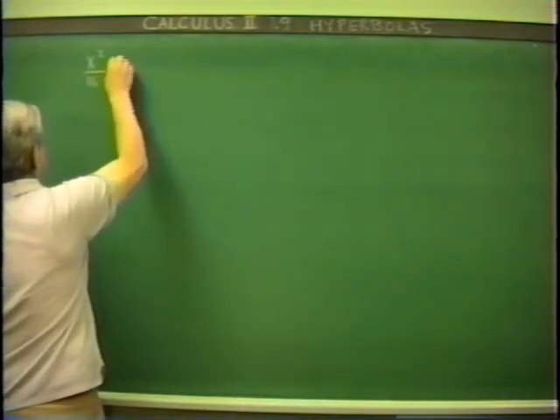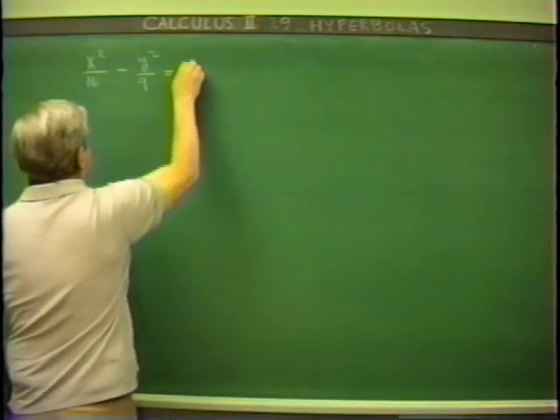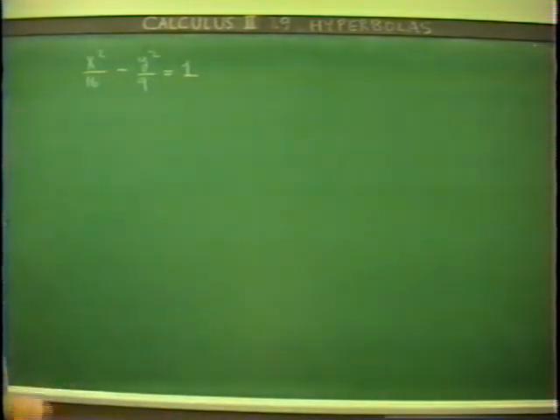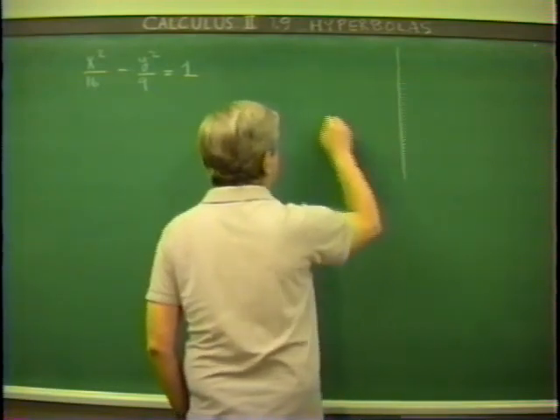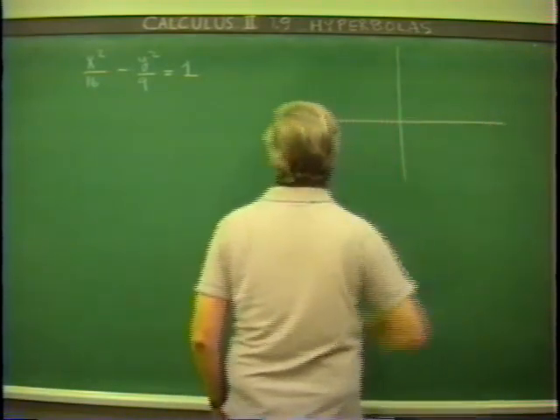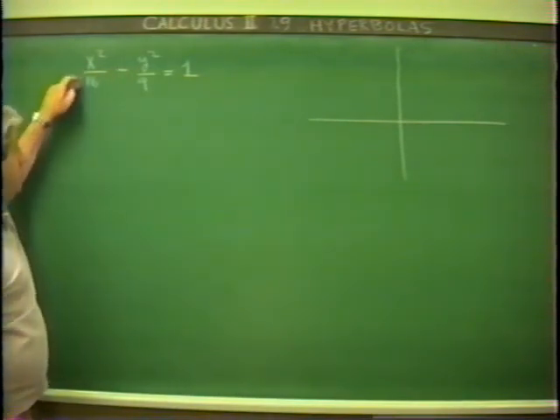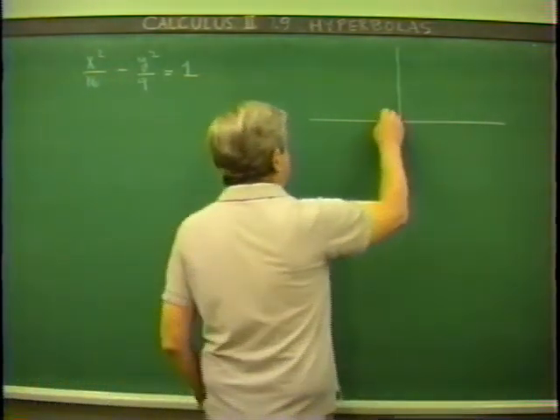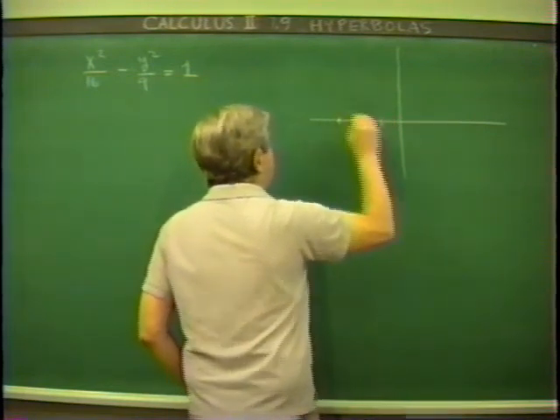Now I want to take a look at some specific examples of hyperbolas which are centered at the origin. So first I'll take a look at, let's say, x squared over 16 minus y squared over 9 is equal to 1. And graphing this, when y is equal to 0, x is plus or minus 4.